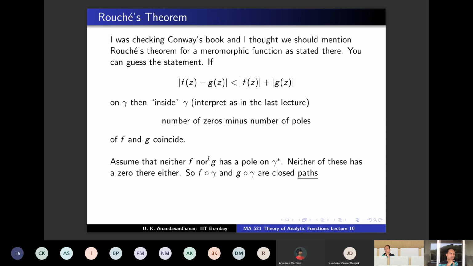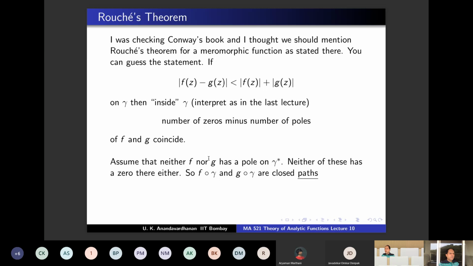Similarly for G composed gamma, and the index at 0 over F composed gamma is the same as the integral of F prime by F, which was a one variable calculus computation. So that goes through, and that integral, by the argument principle for meromorphic functions, is the number of zeros minus the number of poles.